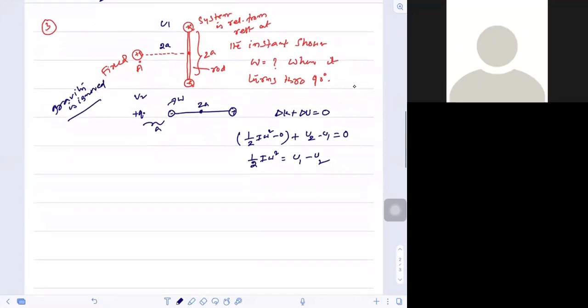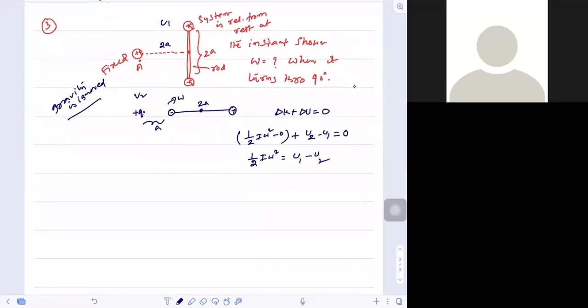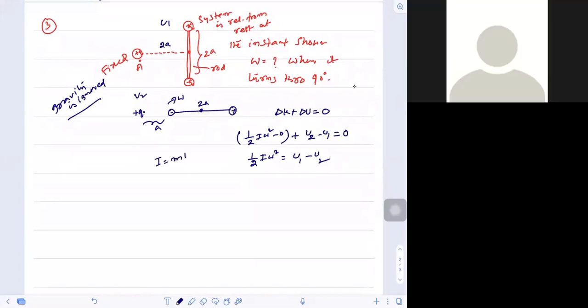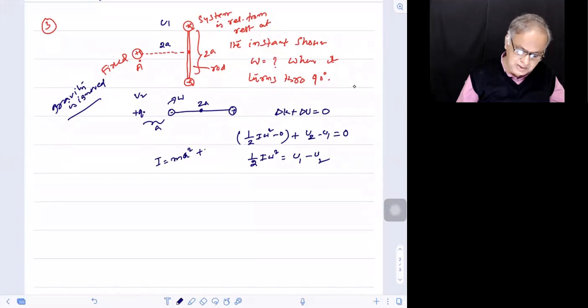And what is I? The mass is M. I equals Ma square plus Ma square, where a is the distance. So I is given. And you know how to write the potential energy formula. U1 you know, U2 you know. Just do that and tell me omega finally. Come on. I'll wait.